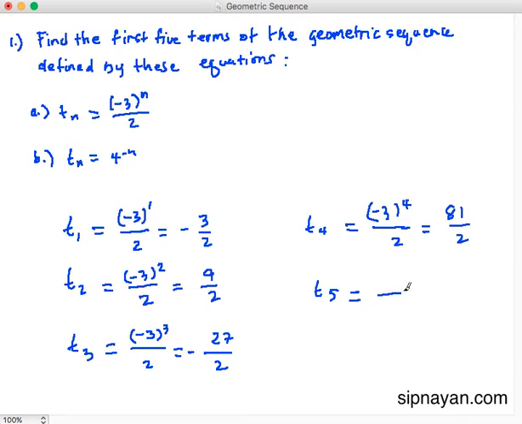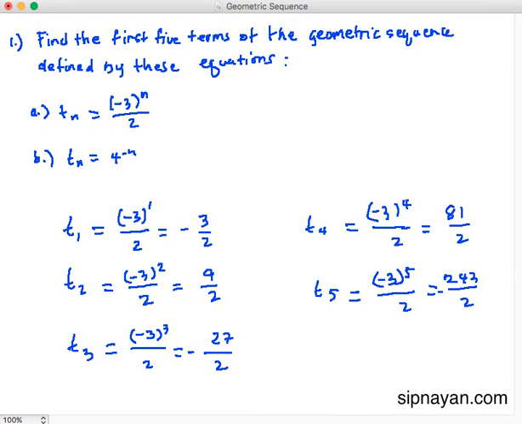And lastly, we have negative 3 to the 5th over 2 is equal to, what is 81 times negative 3? Negative 243 over 2.